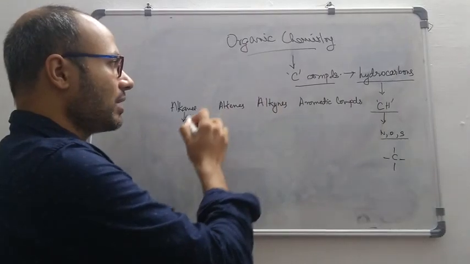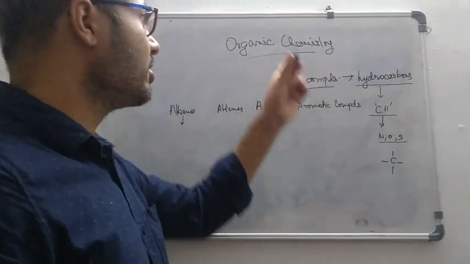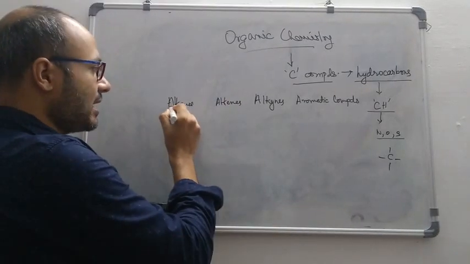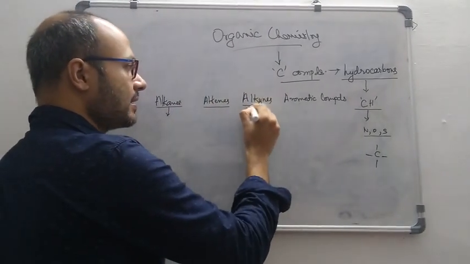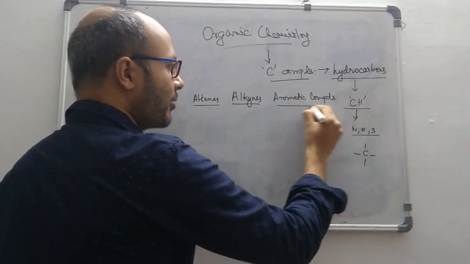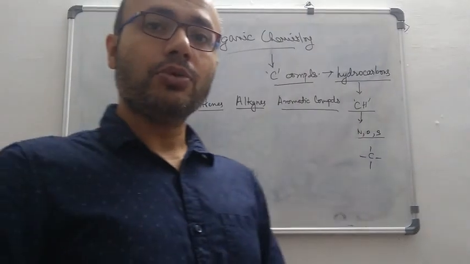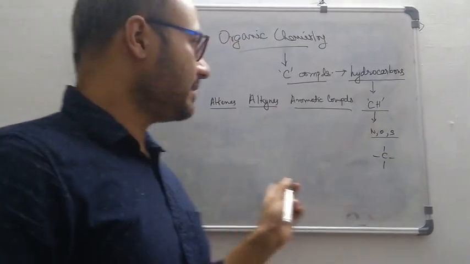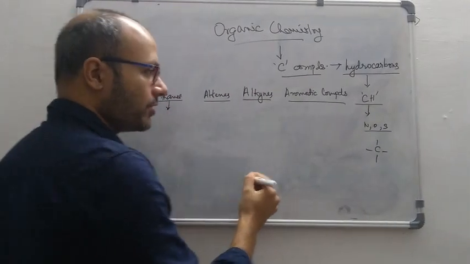If you classify the different types of organic compounds, you can classify them as alkanes, alkenes, alkynes, and aromatic compounds. There are many other classifications, but most of the time you will find these kinds of compounds. Okay, let me move on further.